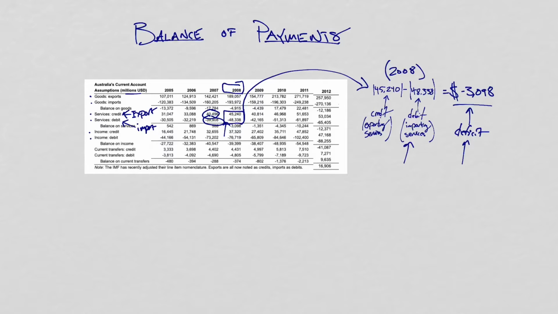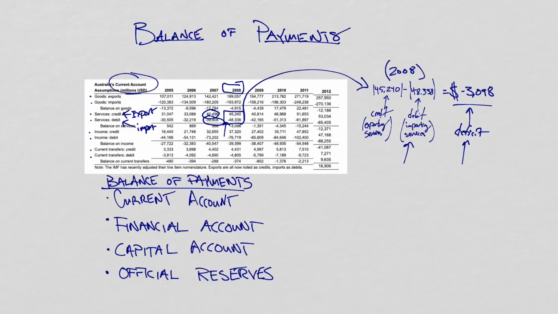And here, all of these categories are in the current account, just one subcategory of the overall balance of payments account.